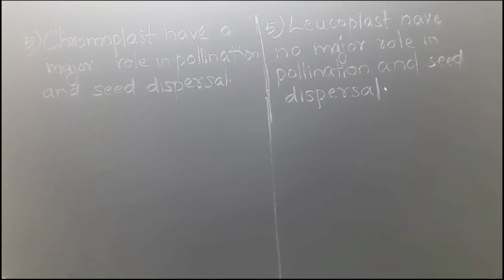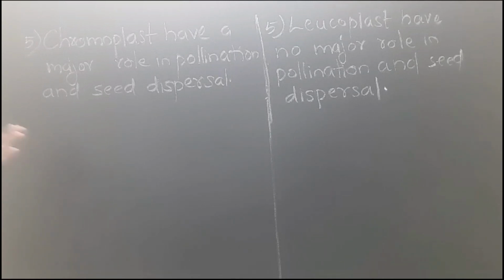Last point is chromoplasts have a major role in pollination and seed dispersal, whereas leucoplasts have no major role in pollination and seed dispersal. Why do chromoplasts have a major role in pollination and seed dispersal? Because chromoplast gives colors to the flowers and fruits.